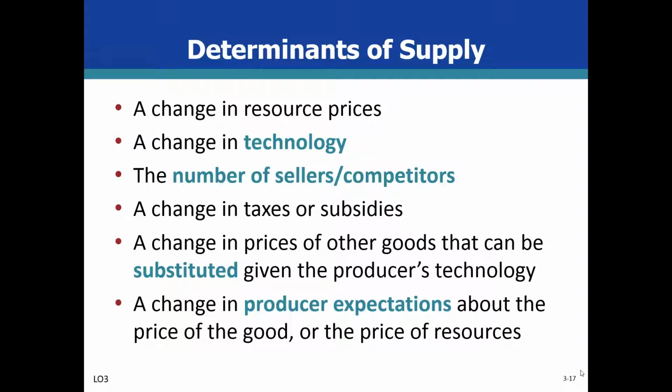The number of sellers coming into the marketplace will shift the supply curve to the right. More competitors, more supply. Just as we looked at more consumers, more demand on the demand side of the equation.